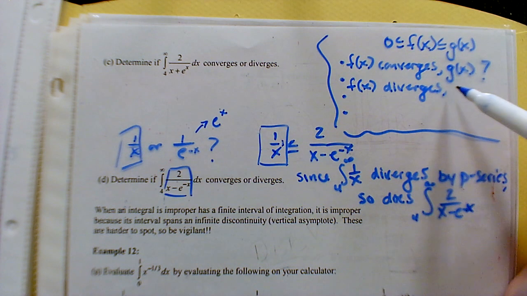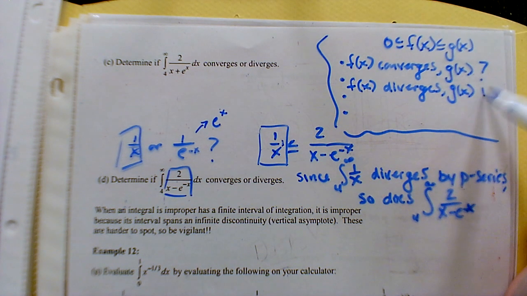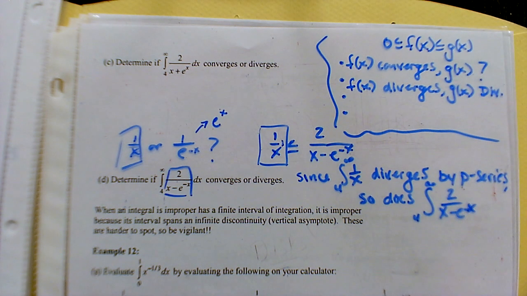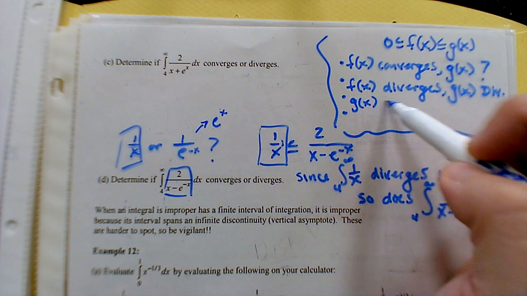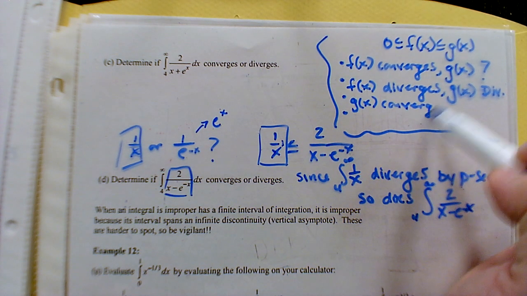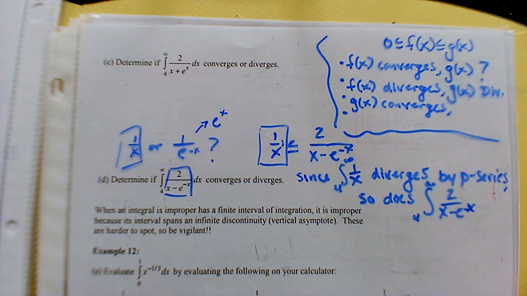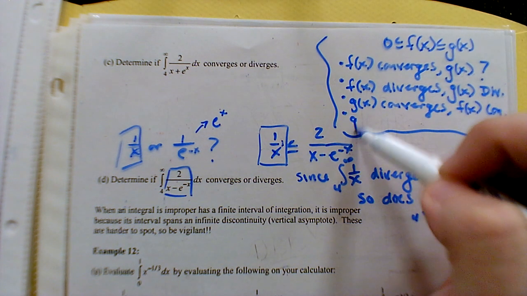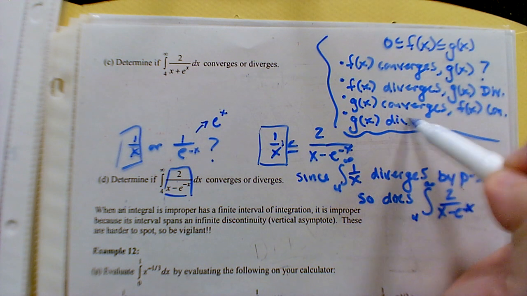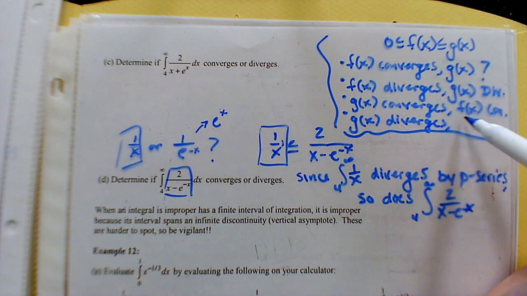If the smaller one diverges, g of x diverges too. I'm abbreviating because I'm running out of room. What if the bigger one converges? The smaller one converges too. What if the bigger one diverges?